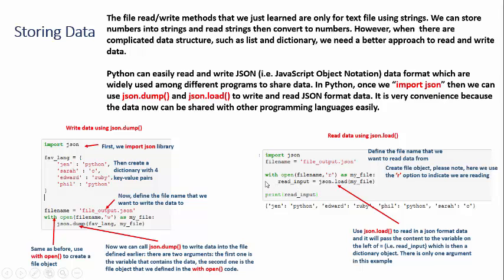Okay, after we run this, basically the read_input is going to be, as we expected, a dictionary with 4 key value pairs. And remember, in a dictionary, the order of the key value pairs doesn't matter.